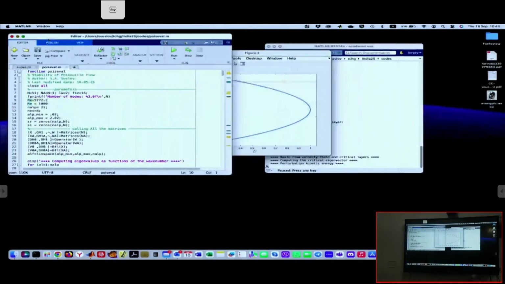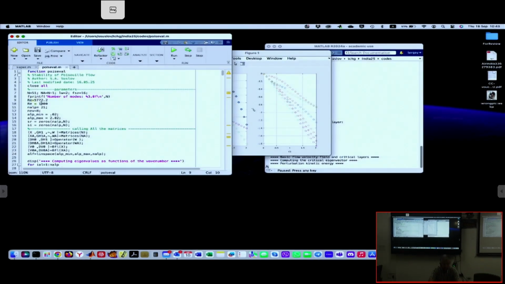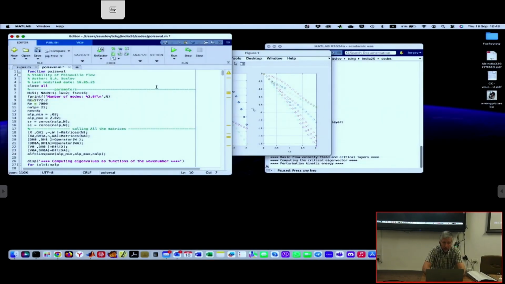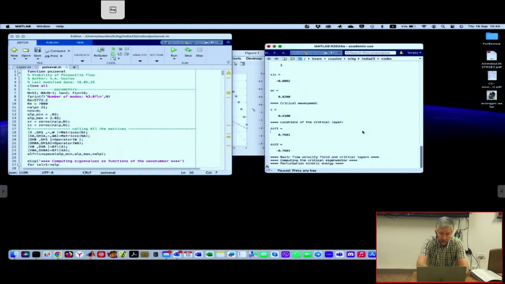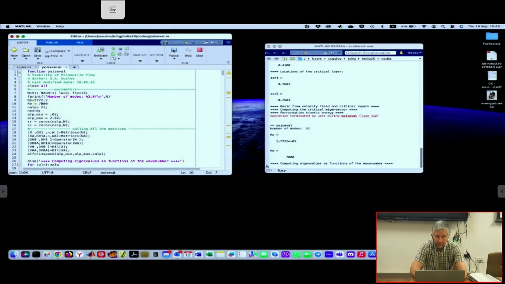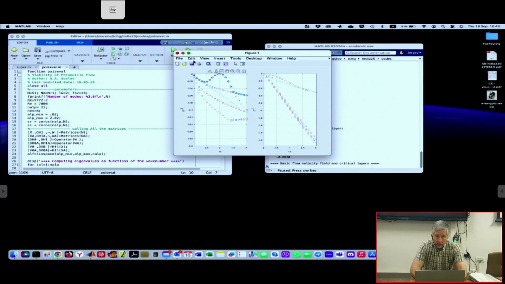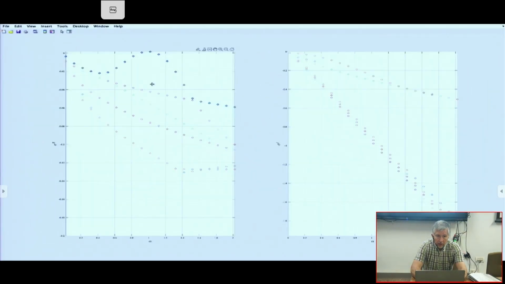So if I make it say 7,000 and run it, then you can see that I'm already above zero. The highest point of this line at the upper edge is about zero, so it is already unstable.